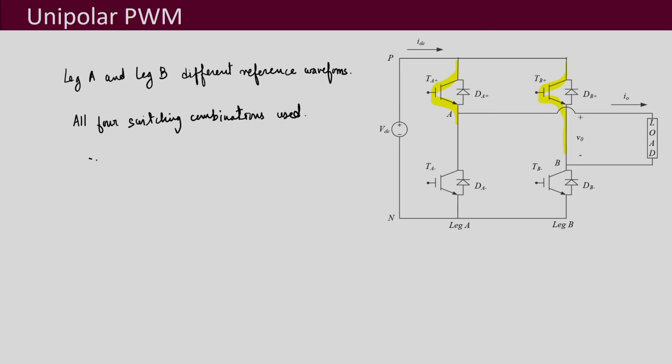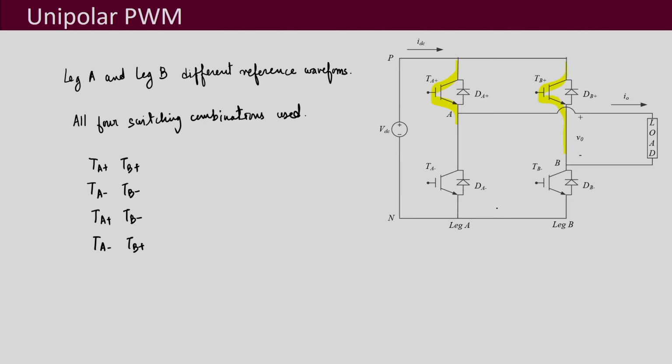So, TA plus TB plus on together, TA minus TB minus on together, and TA plus TB minus and TA minus TB plus, all these four switching combinations arise in unipolar PWM.